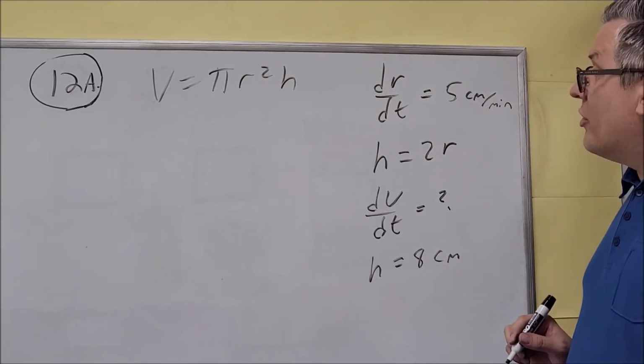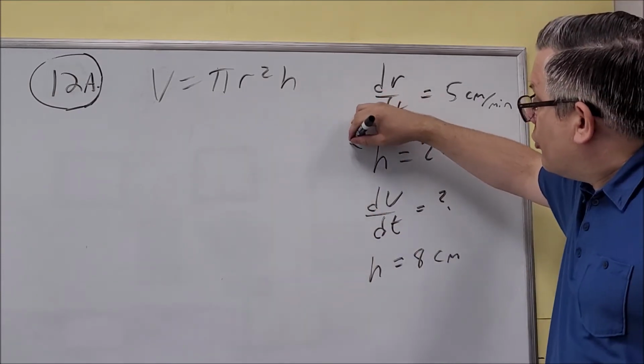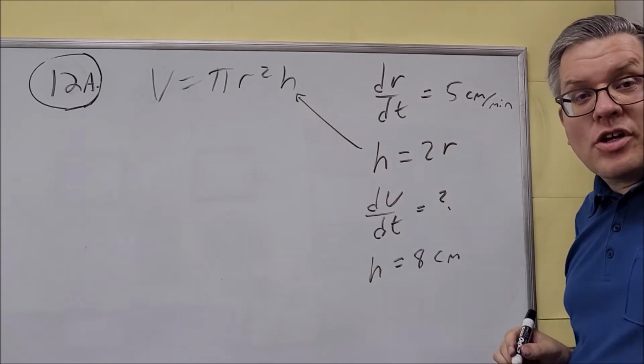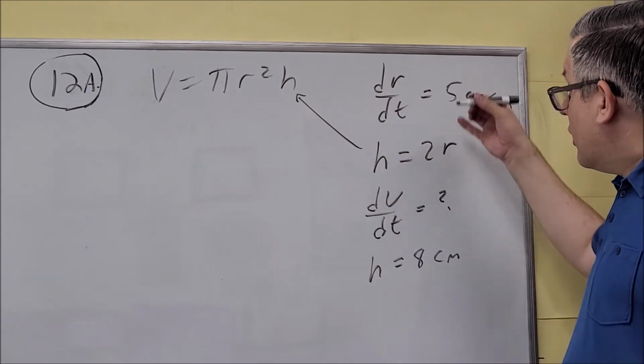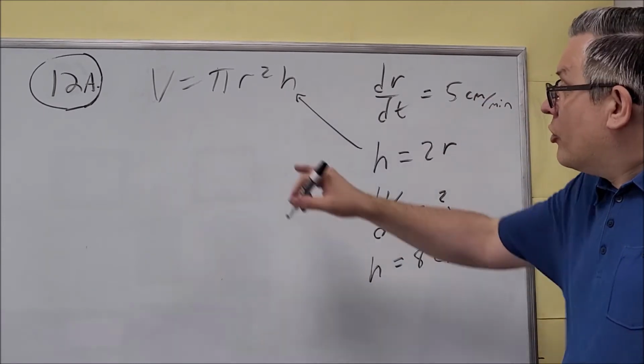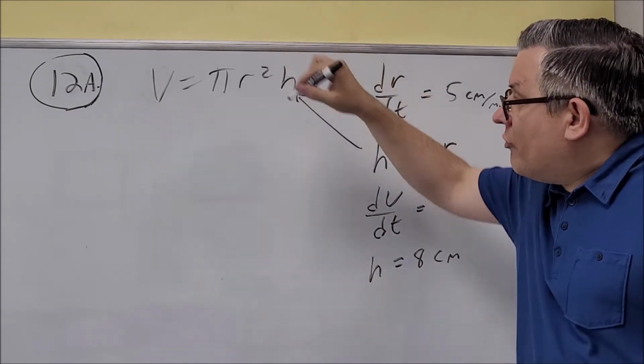With this formula the way it is, we're going to do a substitution first. We're going to put 2r in there for h. The reason is that they don't give us any information for what the height is changing with. If you were to do it as is, you'd have to use the product rule because there are two different variables.